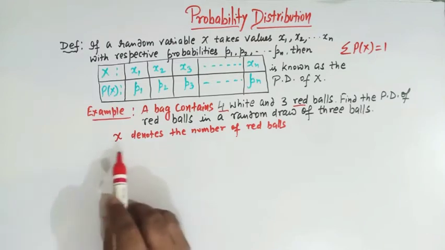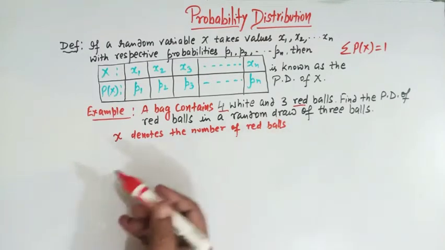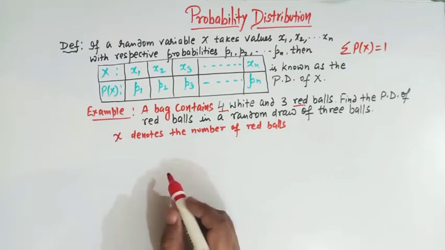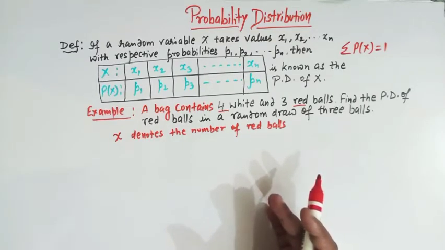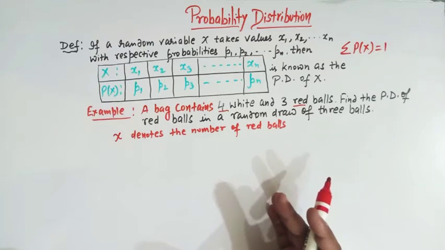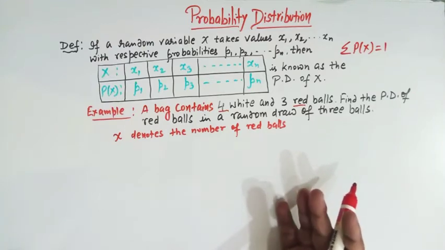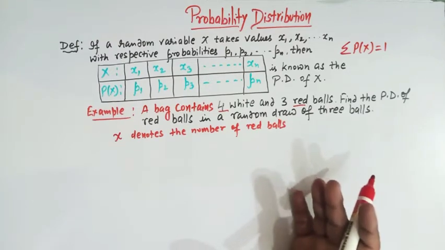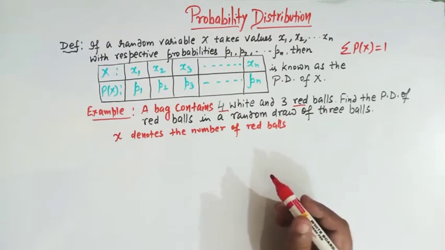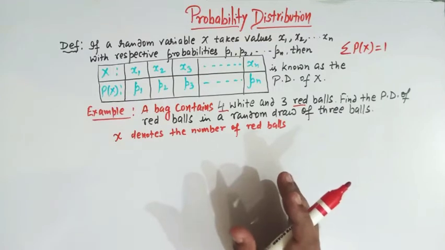So X denotes the number of red balls. When the 3 balls are drawn, they may be all red, or we can have 2 red balls, or 1 red ball, or no red ball at all, right?